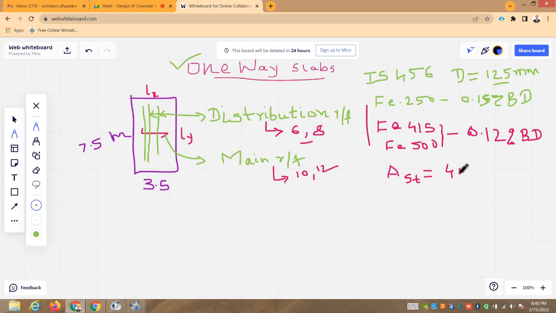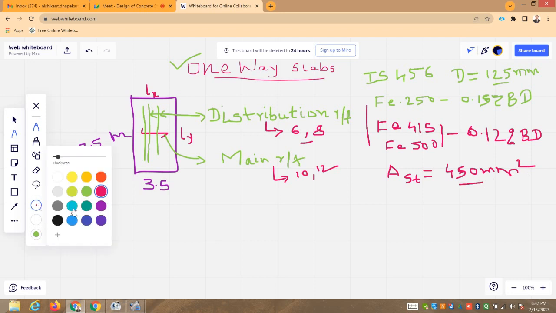You can watch my previous videos on how to calculate the steel. Now you have to provide the steel reinforcement in the one-way slab panel. So you have to design this one-way slab for 1 meter, and 1 meter means 1000 millimeters.